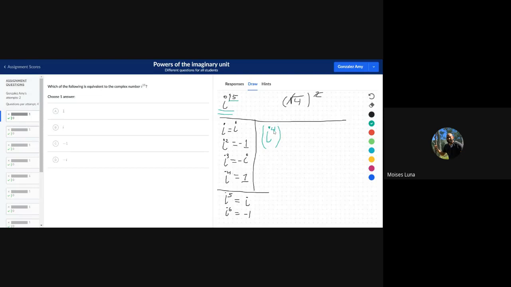Which number is a multiple of 4 here? Well, 15 is not, because 15 divided by 4 doesn't give you a whole number. Neither does 14, nor 13, but 12 does. So I know that from 15, I can get 12.